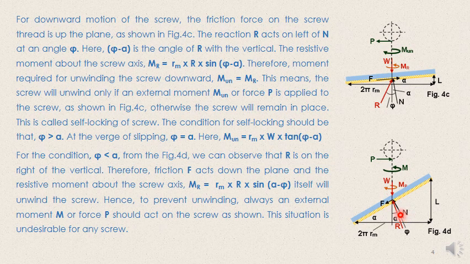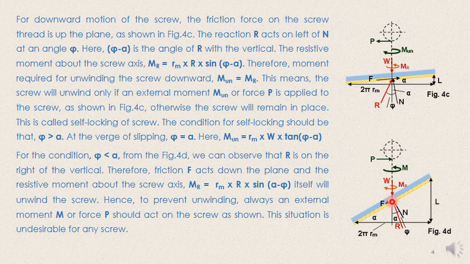Alpha is the measure of the normal from the vertical, and phi is the measure of R from the normal. So this becomes your angle phi, and this becomes your angle alpha. So automatically you can see R is on the right side of this vertical line. Therefore, this R has got a component in this direction, and in this particular direction.